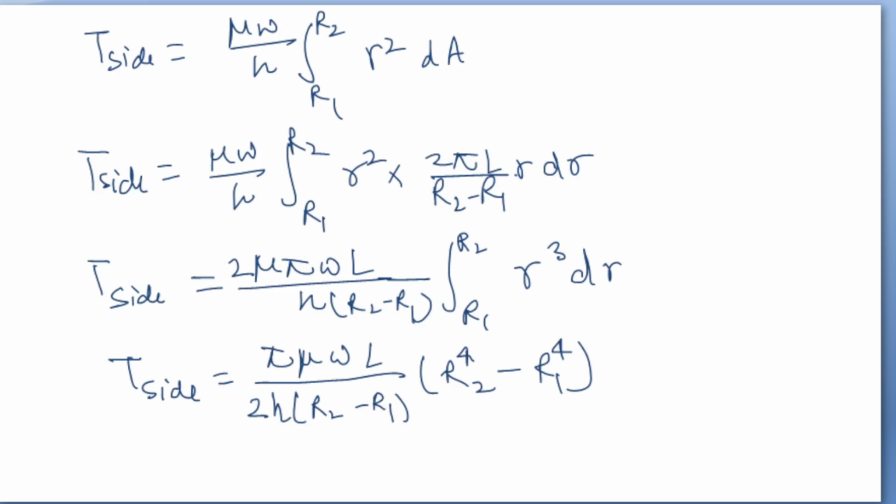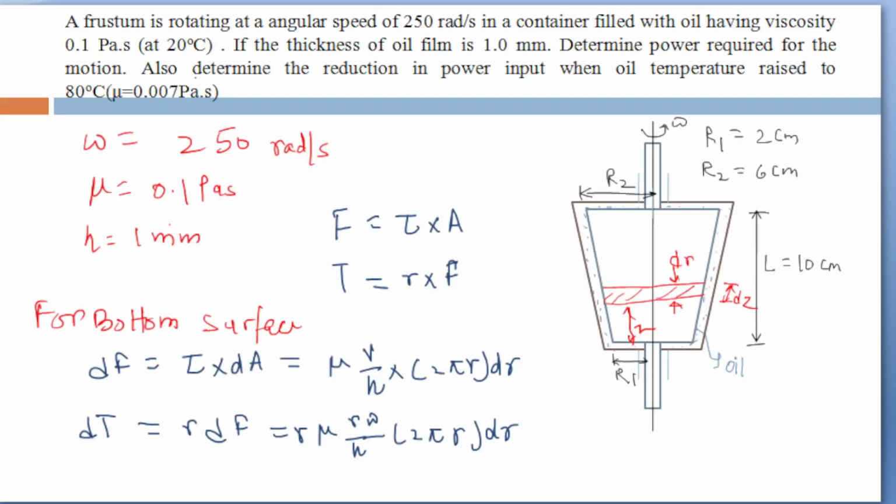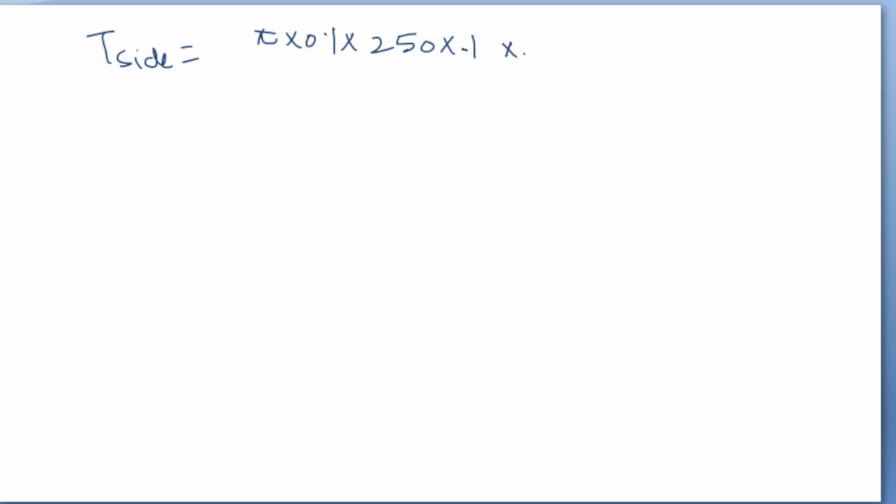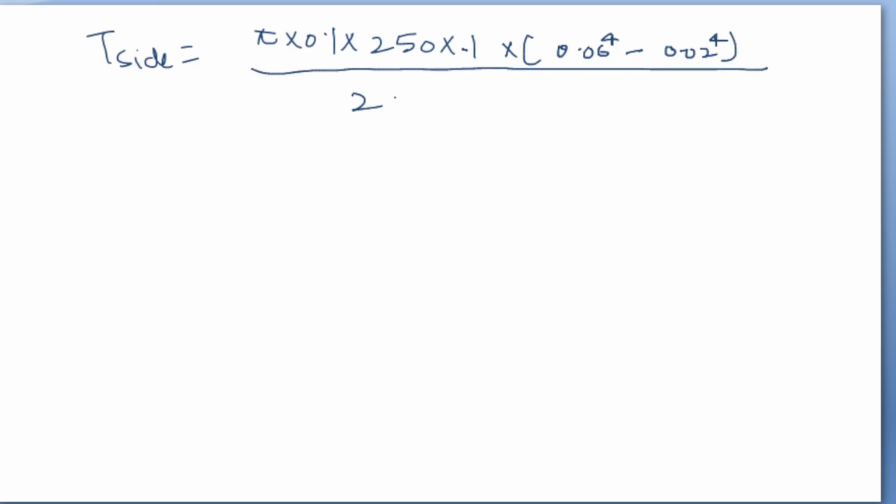Now we substitute the values. So T side is pi into 0.1 into 250 into length, which is 10 centimeter, that is 0.1, into (0.06 raised to 4 minus 0.02 raised to 4) divided by 2 into 1 into 10 to the power minus 3 into (0.06 minus 0.02).